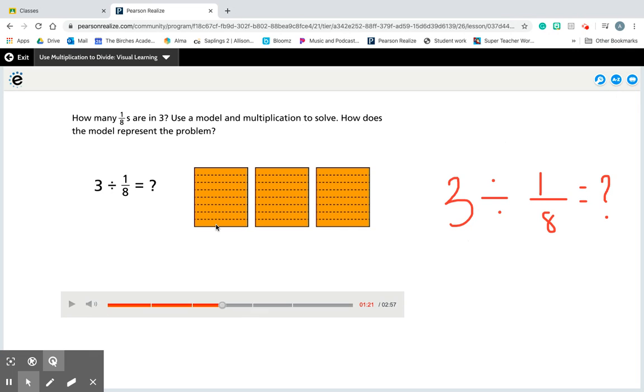So just like we were doing last week, you were drawing wholes and then dividing each whole by the denominator, because this is a unit fraction since it has a 1 as the numerator. And then we were figuring out how many little pieces we just made total. So I have 8, 8, and 8. In other words, 3 groups of 8 equals what?